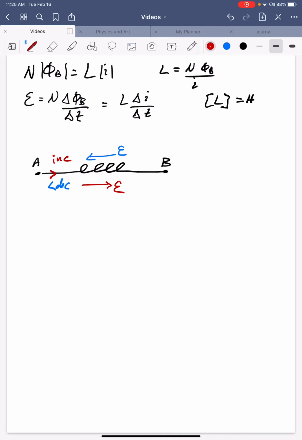So the EMF is always in the opposite direction to the way the current is trying to change. So if I'm increasing the current, I have a negative EMF, and if I'm decreasing the current, I have a positive EMF. And that is self-inductance. So you can probably guess that we're going to have LR and LC circuits, and those will be coming up in separate videos.